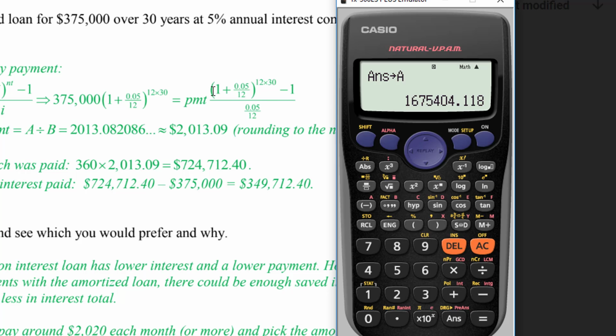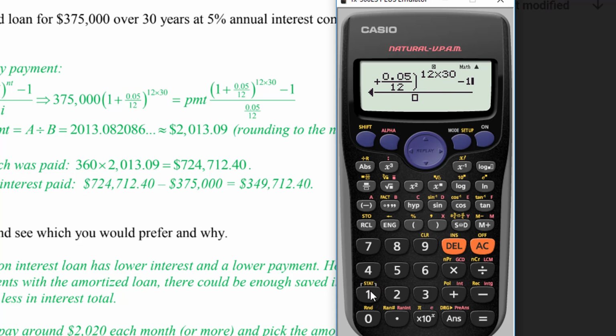Now for the other side, I don't know the payment yet, so I'll actually have to do a little bit of work. I'll put in parentheses 1 plus 0.05 over 12. I'll raise it to the 12 times 30. And again, 12 means 12 times per year, and I do it for 30 years.